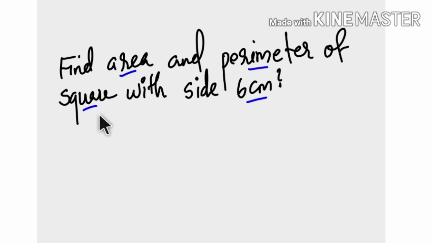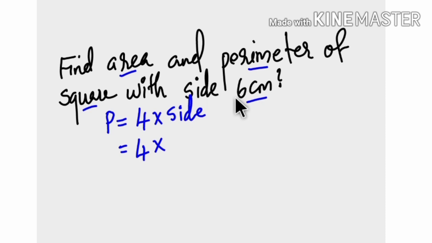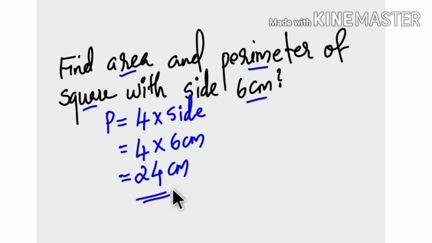We have one equation for finding perimeter of square: 4 into length of one side. That's equal to 4 into 6 cm, which is 24 centimeter.